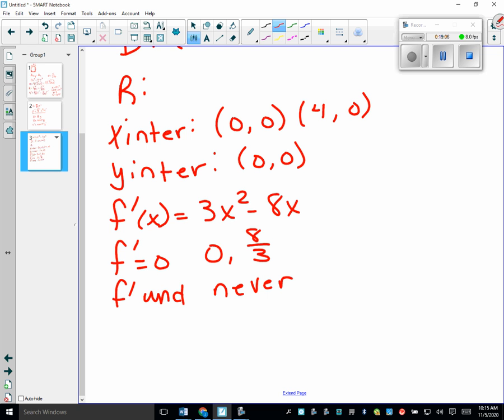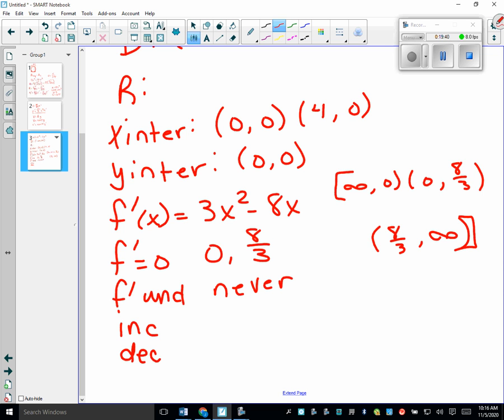When is the function increasing? To find where it's increasing and decreasing, I set up my intervals from negative infinity to 0, from 0 to 8 thirds, and from 8 thirds to infinity, right?